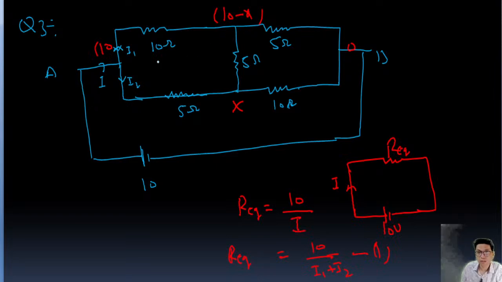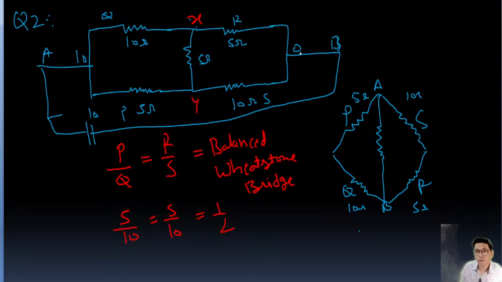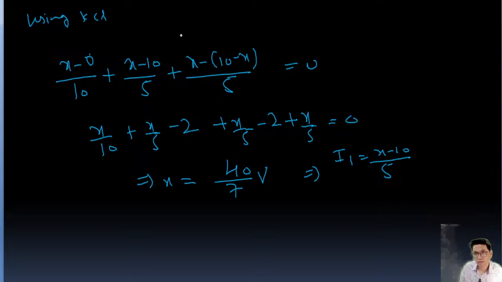So I1 is going to be X minus 0 upon 10. This will also be I1. So X minus 0 upon 10, and we'll put the value.